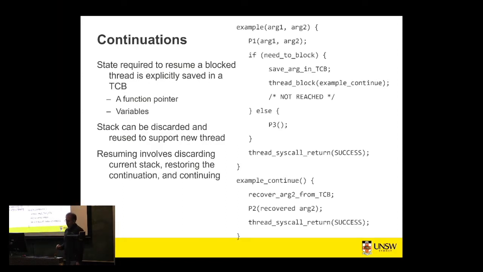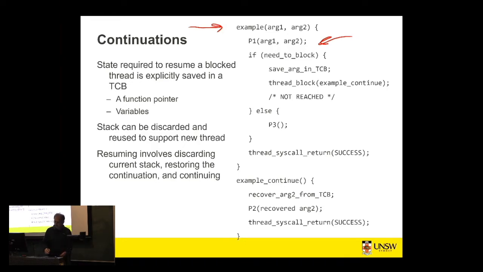So let's have a look at this particular model using the example that I introduced last time. We've got the same example here that takes 2 arguments. We're using a continuation-like model here, where we call the example function with the 2 arguments like we did last time, because the arguments are passed in and we have them.